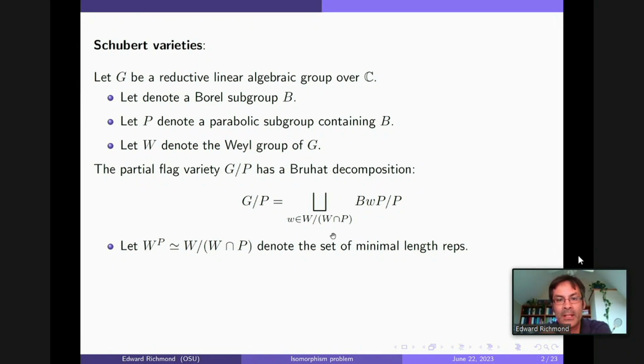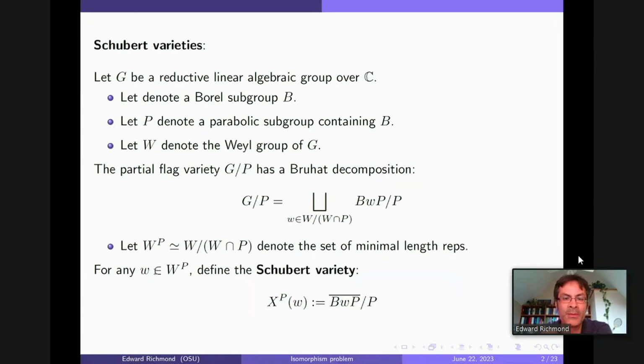These B orbits are indexed by cosets of the Weyl group, W mod W intersect P. And instead of saying cosets, it's very common for us to take minimal length coset representatives. So we'll let W upper P be this set. And the Schubert variety is basically you take one of these orbits, indexed by a minimal length coset representative, you close it up, and there you have it, the Schubert variety.